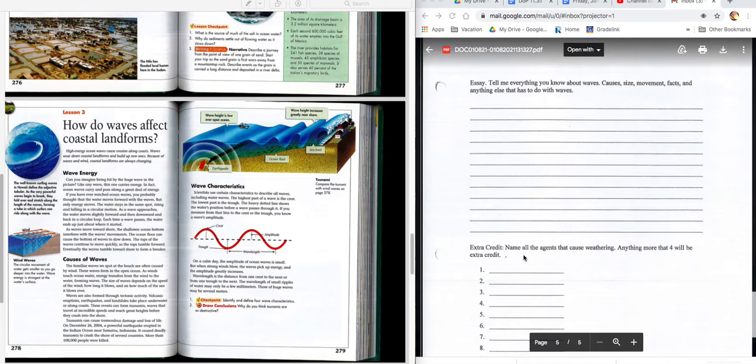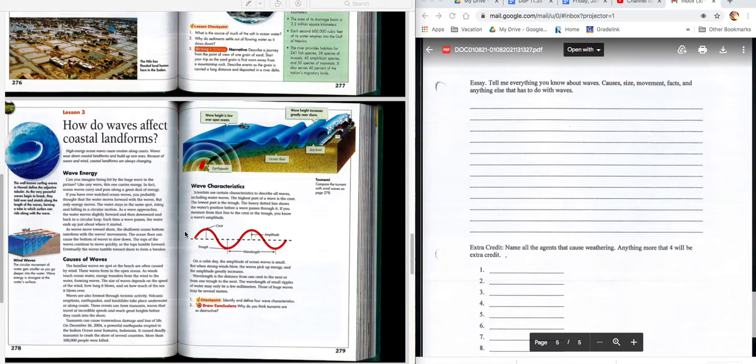Okay, extra credit says name agents that cause weathering. So guys, I use the word agents. I'll give you one you can put down. The wind is an agent that causes weathering. Now, before you go to the internet and type in agents that cause weathering and write down every little thing that pops up on the internet, it has to be in this book, guys.